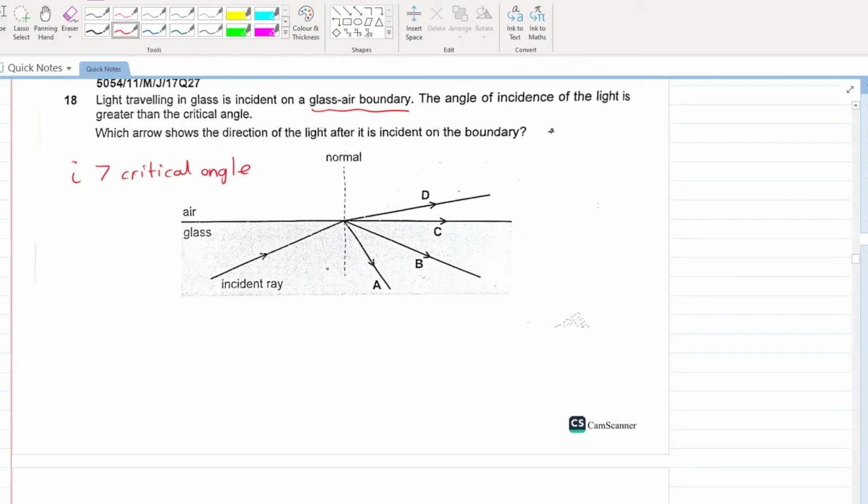So, as we can see, the angle of incidence is greater than the critical angle, so total internal reflection will happen. If total internal reflection happens, this angle of incidence will be equal to this angle of reflection. B is your answer because B seems the correct angle of reflection. A doesn't seem the correct angle of reflection. C and D cannot be your options.